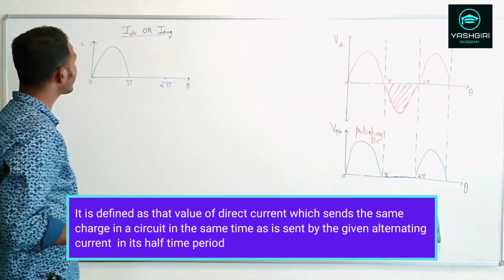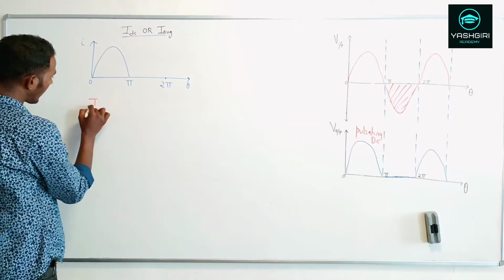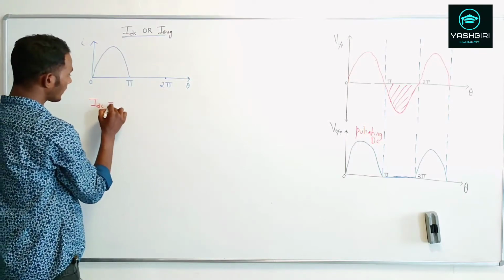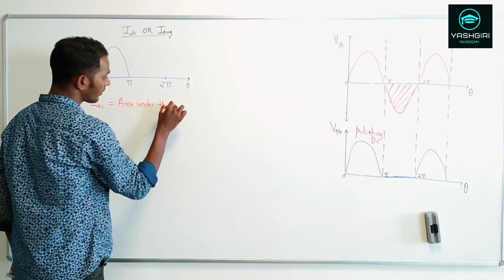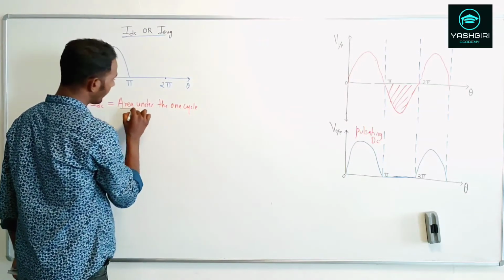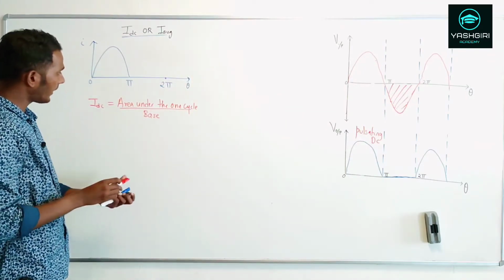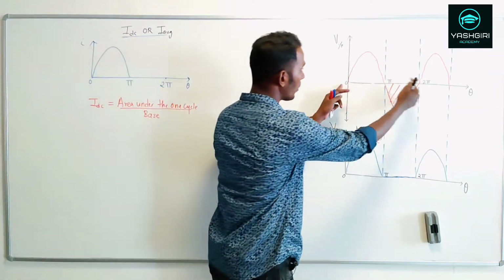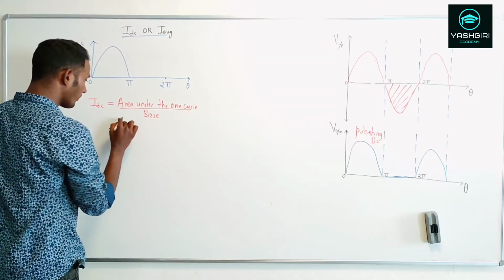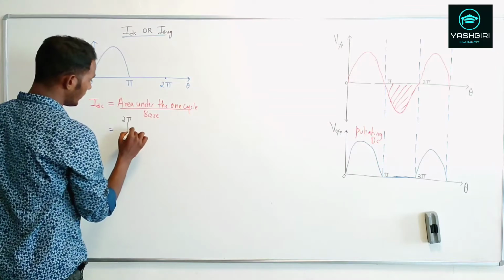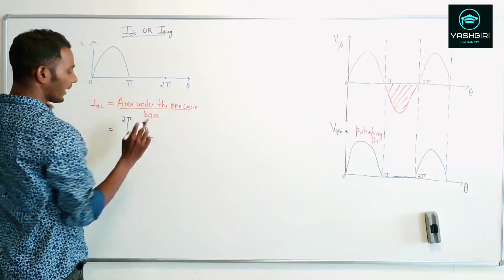Okay, so if I want to calculate this IDC, I can write IDC, or the I average, is nothing but the area under the one cycle divided by its base. Now here my area under the one cycle comes from 0 to 2 pi. Okay, so that's the supply we are giving, 0 to 2 pi of I d theta divided by its base, that is again 0 to 2 pi.